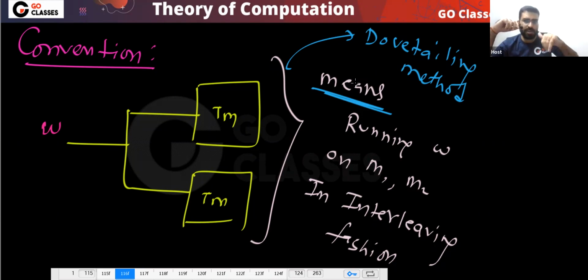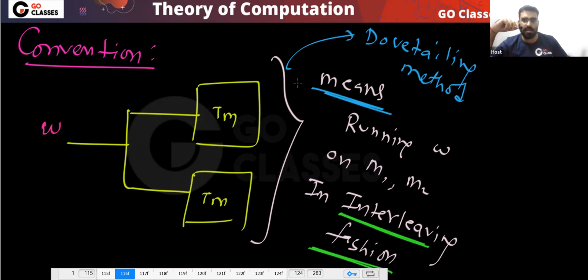Can it run Google Chrome and your movie in parallel? It looks like it is doing that, but it does not happen. Very fast it changes. Context switch happens very fast. So two things are not happening in parallel. They are happening in interleaving fashion. Is this clear?